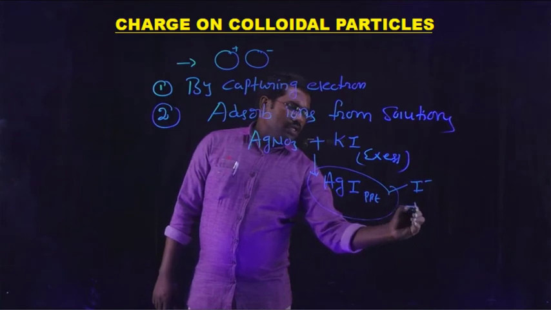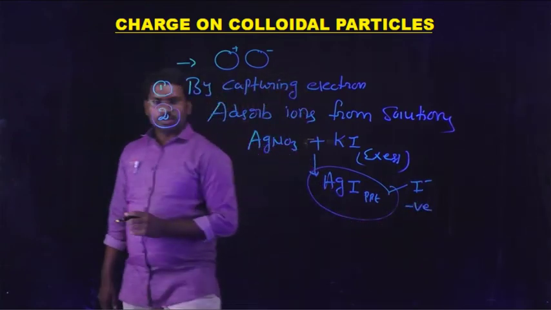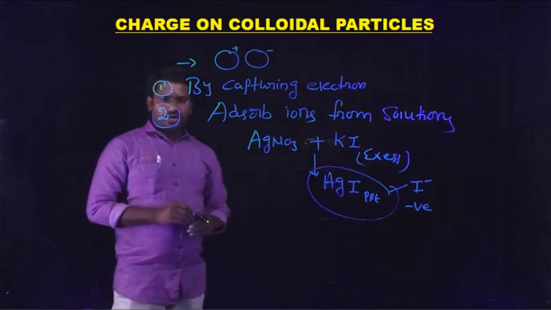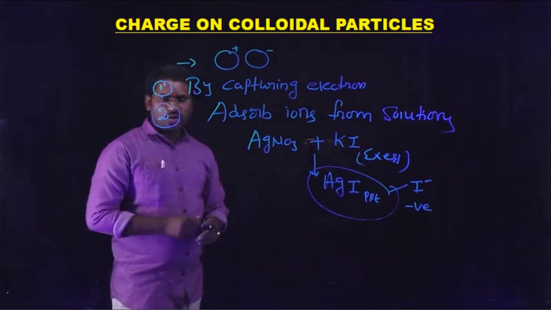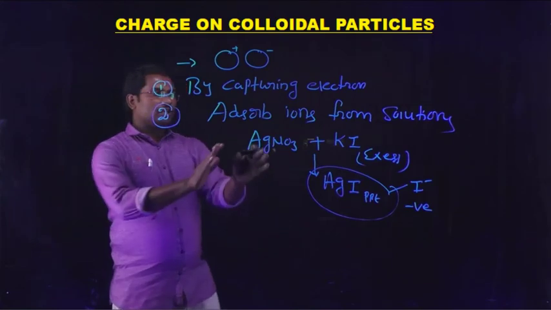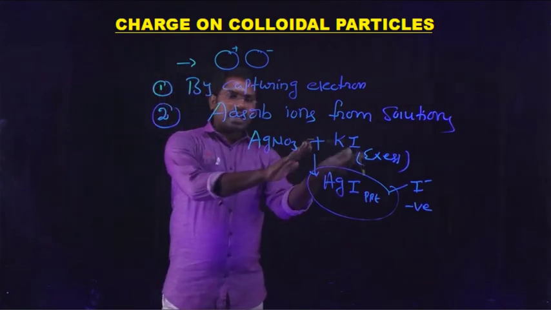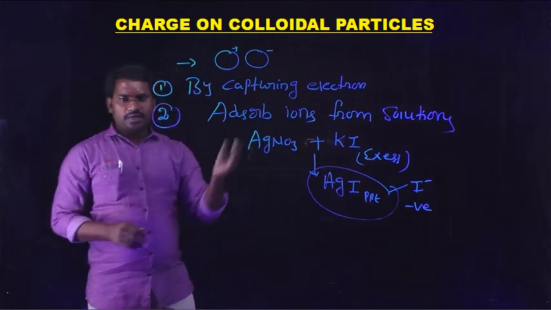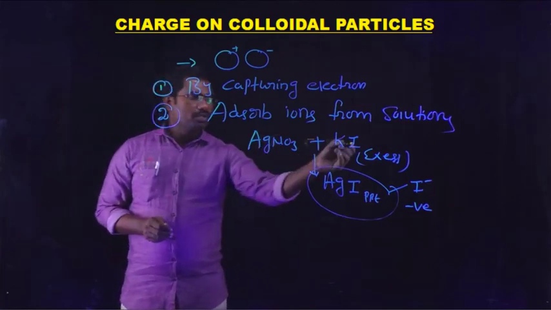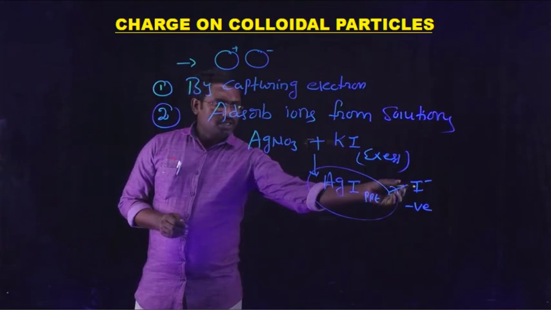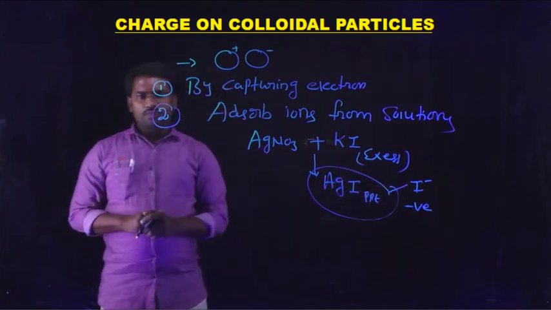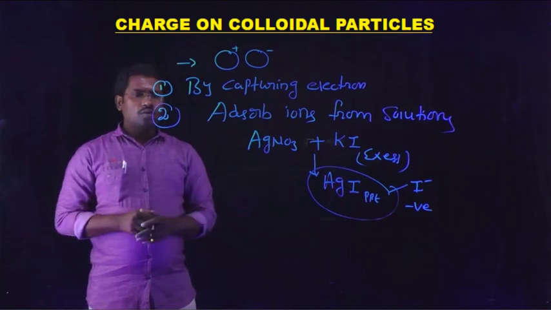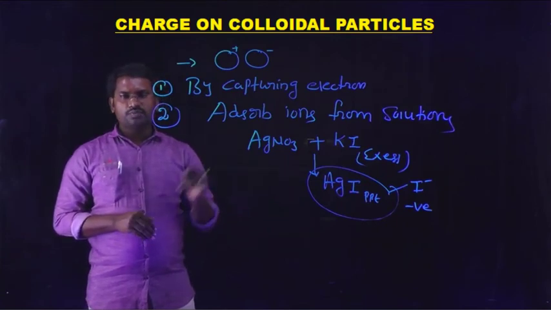It is a negatively charged colloidal solution. Why? Because when we take an excess of potassium iodide, the excess I minus ions present in that solution make the colloidal particles in the silver iodide solution negatively charged.